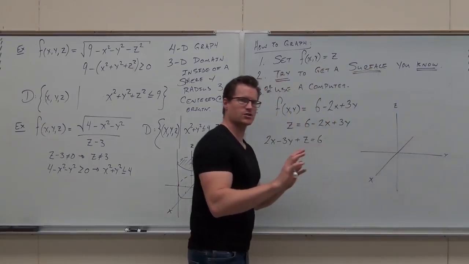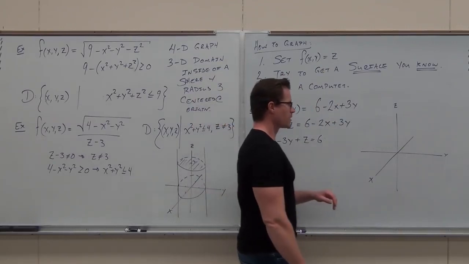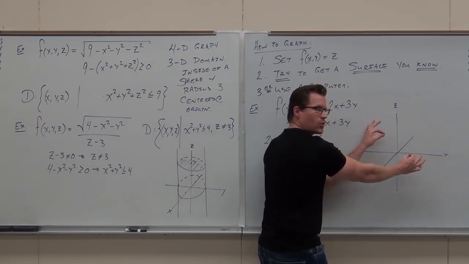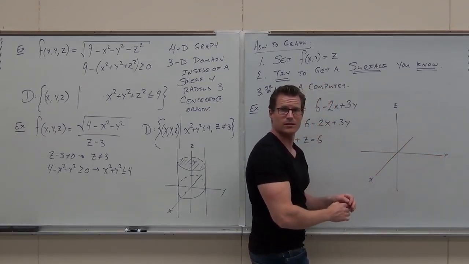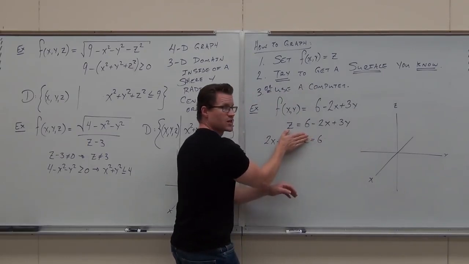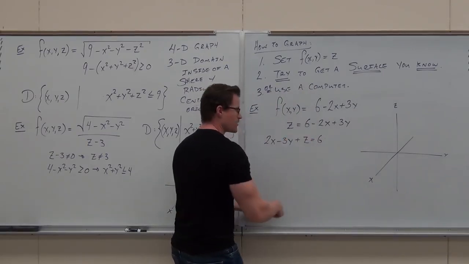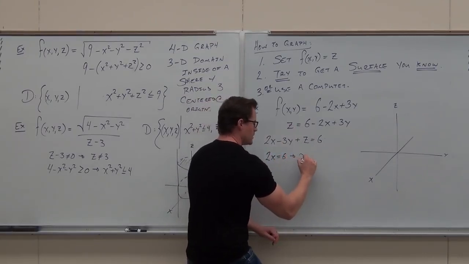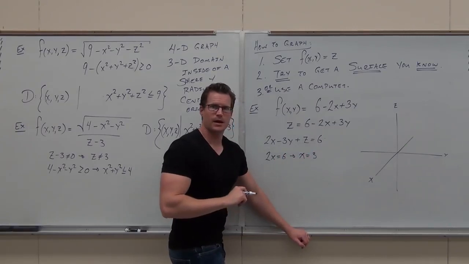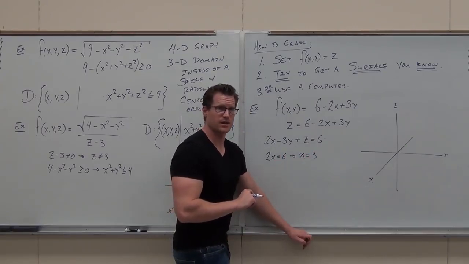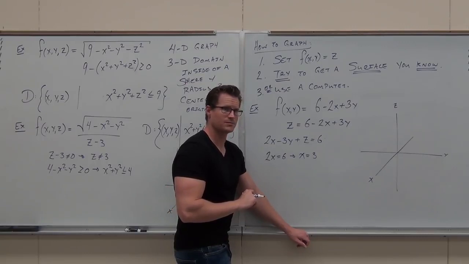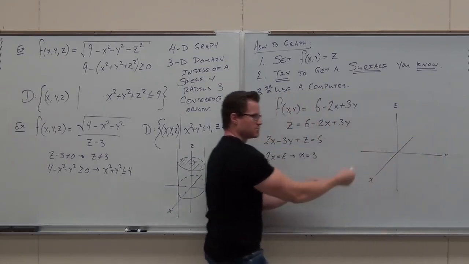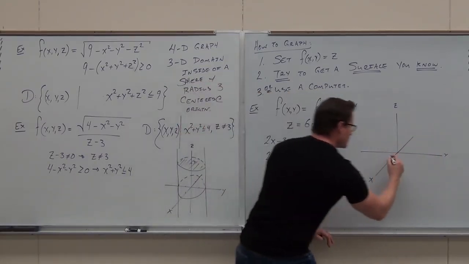If I wanted to figure out where this thing crossed the x-axis, every y and z coordinate on the x-axis is 0, correct? So if I plug in 0, 0, or just cover it up, I'm going to get the x-intercept. So cover up all the variables but x, you get 2x equals 6, x equals 3. I know for a fact that this plane will intersect the x-axis at x equals 3. Kind of neat, right? Just cover them up. 0, 0 for y and z means you're on the x. Solve for x. We get x equals 3.